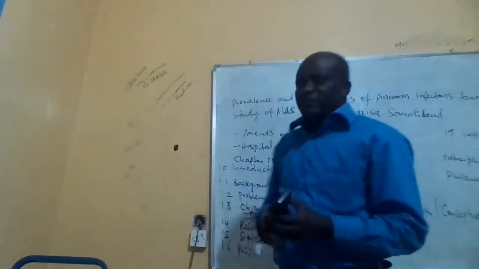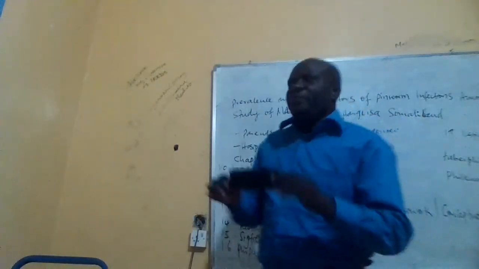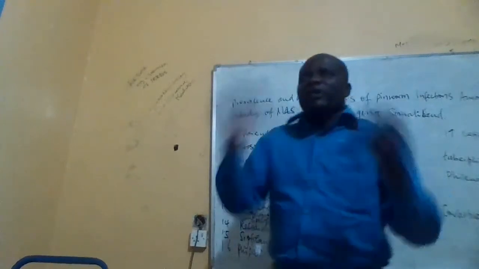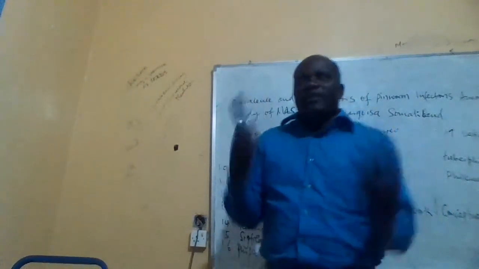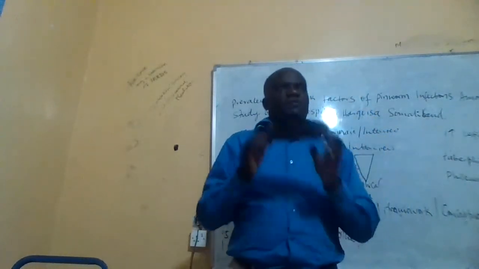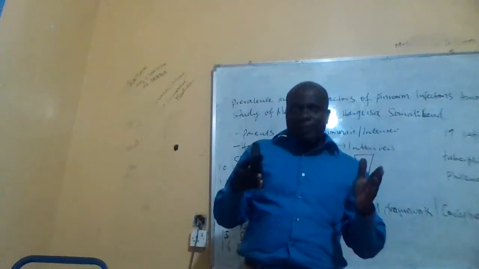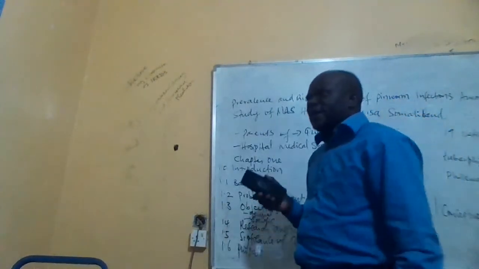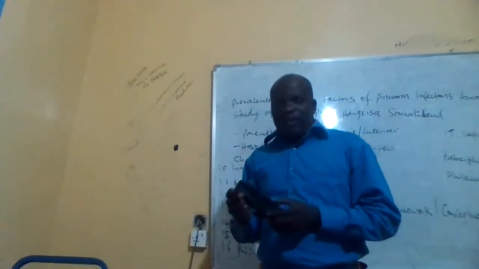Don't just pick anything. Even when it comes to theoretical framework, when you are picking theories, don't pick any theory. No, read widely and come up with 2 or 3 theories that are very relevant to your topic of study. Meaning they are going to help you, they are going to guide you, they are going to make sure that you don't go outside the framework. That is the work of the framework.